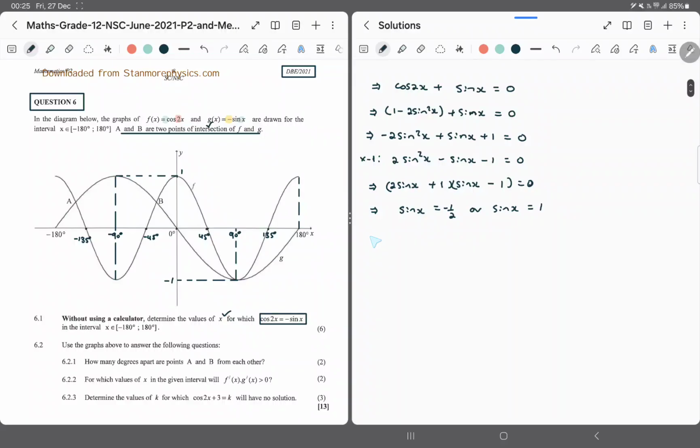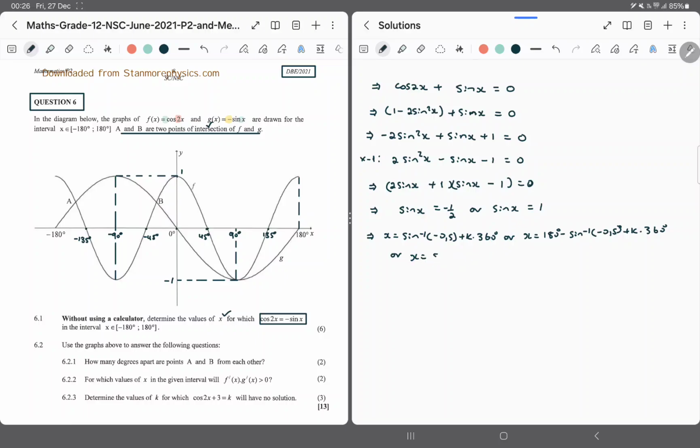Okay, now using my general solutions, it means x is going to be, let's just say minus 0.5 plus k times 360, or x is going to be 180 degrees minus the arcsine of minus 0.5 plus k times 360 degrees.